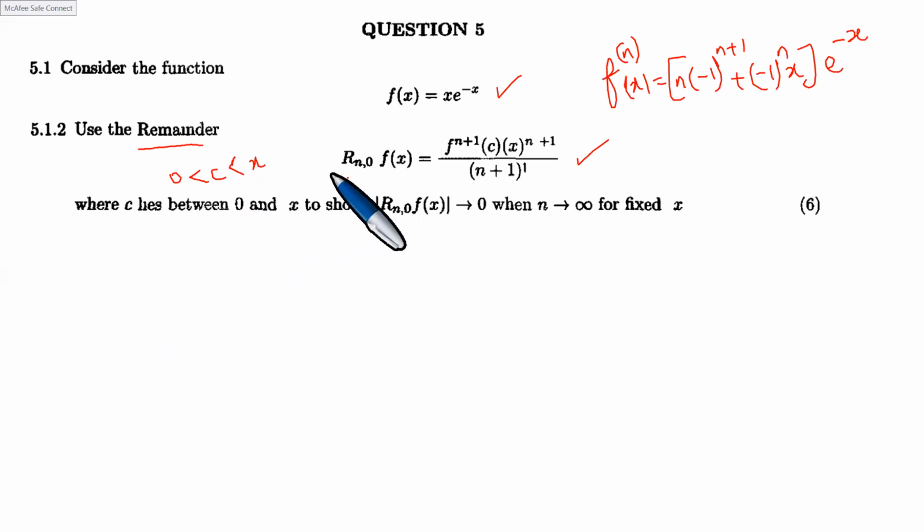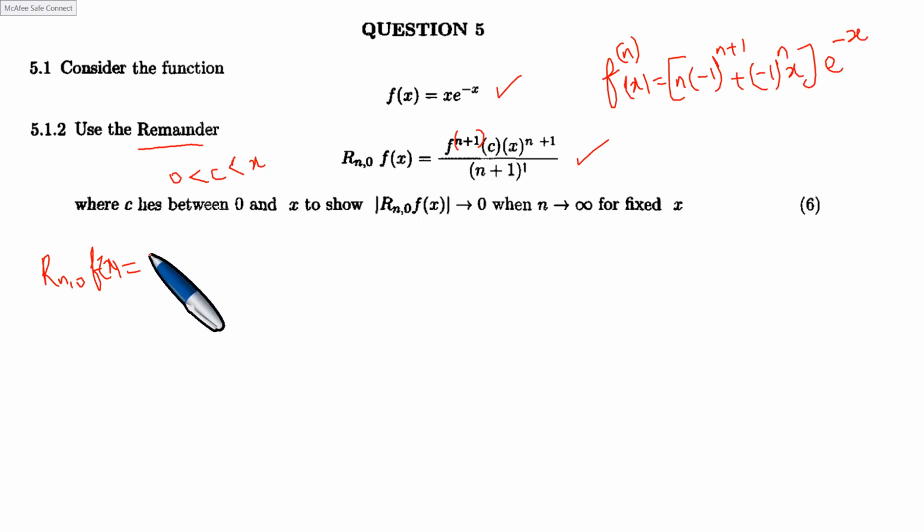So what is it? R subscript n comma 0 of f of x is f^(n+1). The examiner just left some brackets here because for the derivative, you must put brackets around the power of the f. So what is the meaning of this? R subscript n0 f of x is going to be the f of n plus first derivative. So you replace every n by n plus 1 here.